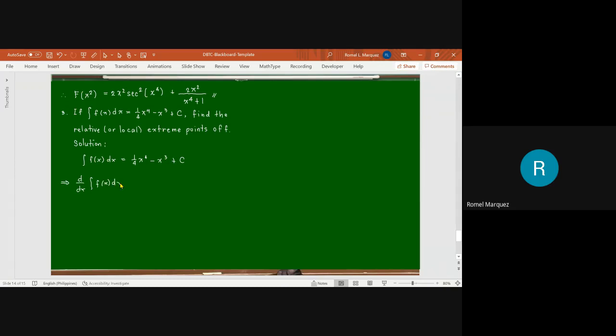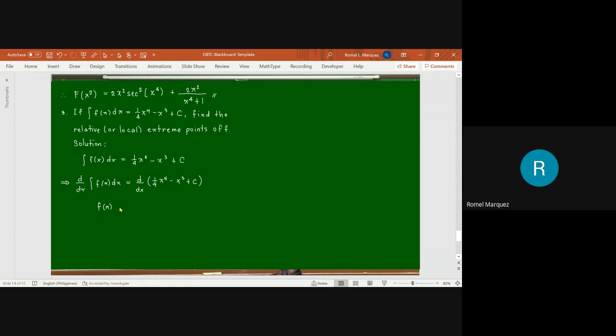The derivative of the integral of f of x dx is simply f of x because they are opposite operations, no? And that is equal to, what about the derivative of the first term? 4 times 1/4, then times x to the 4 minus 1, so 3, getting x cubed. What about the second term? 3x squared.